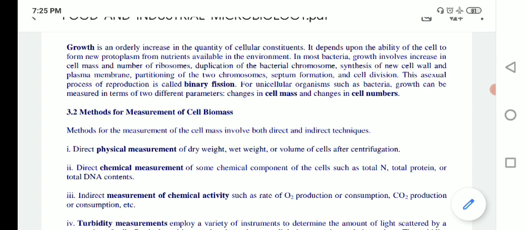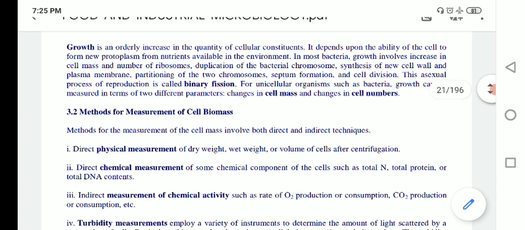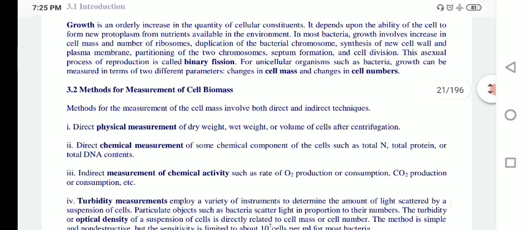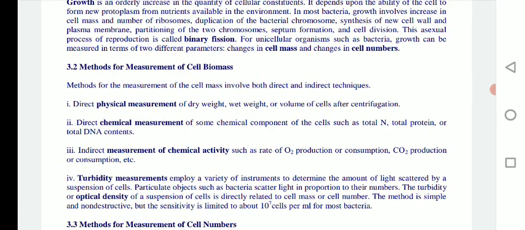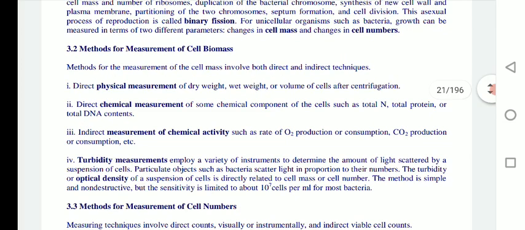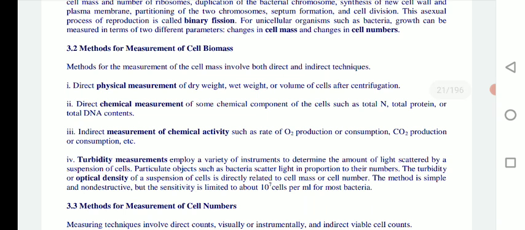As I told you earlier, growth in bacteria means increasing their cell numbers as well as cell mass. There are several methods by which we can measure cell biomass. These are direct physical measurement by dry weight, or you can take direct volume of cells by centrifugation.